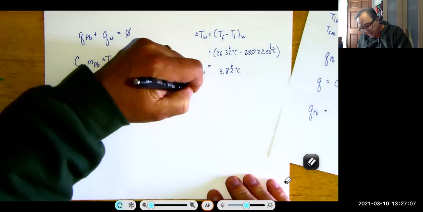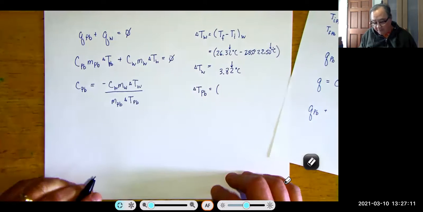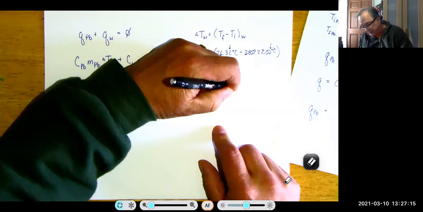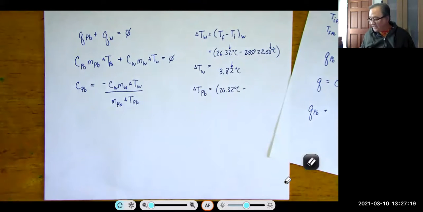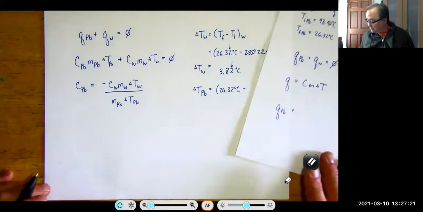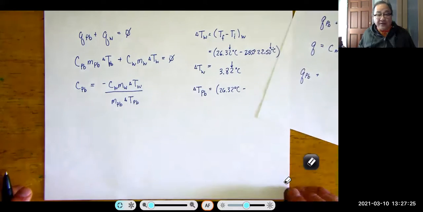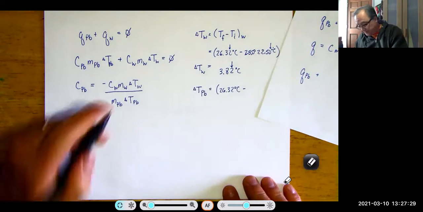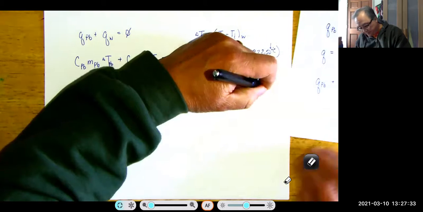So we do the same for the change in temp of the lead. But remember here, the final temp of the lead is still 26.32 degrees Celsius. We do not put 98.90 first, just because it's bigger. You put the final temp first. So 98.90 degrees Celsius.